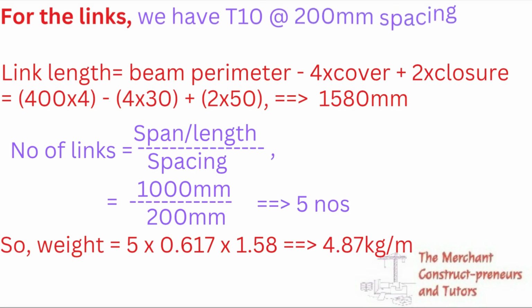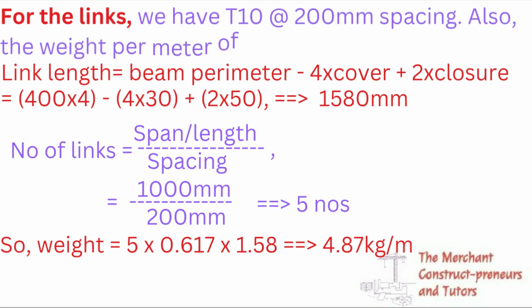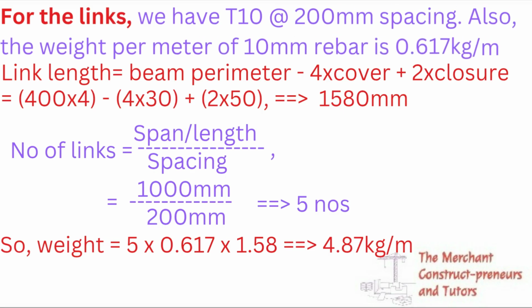So we move to the next one. So we have the links also. For the links, we have 10 mm at 200 mm spacing. Also, the weight per meter of 10 mm rebar is 0.617 kilogram per meter. Then we need to find the link length, just as we did for the beam: the perimeter minus the cover on all 4 sides plus the closure of the link.